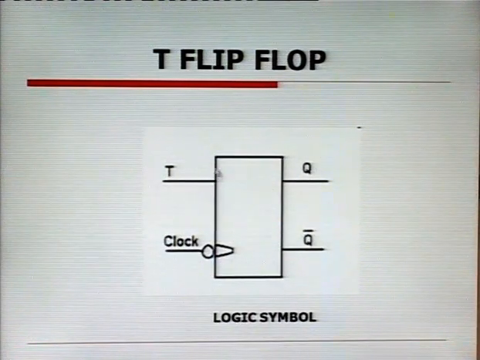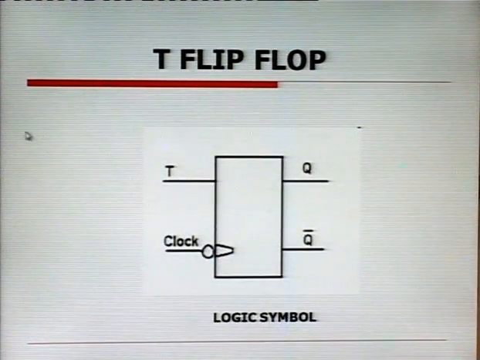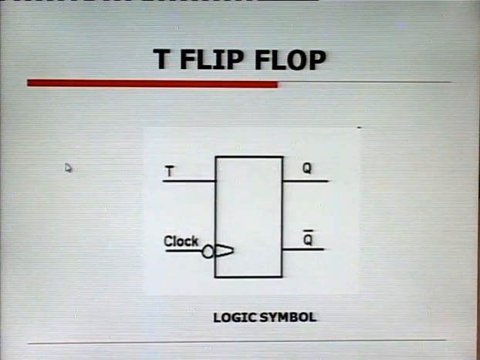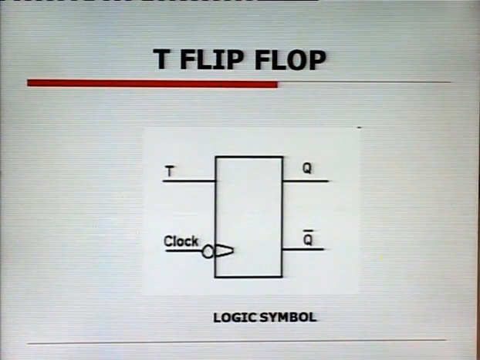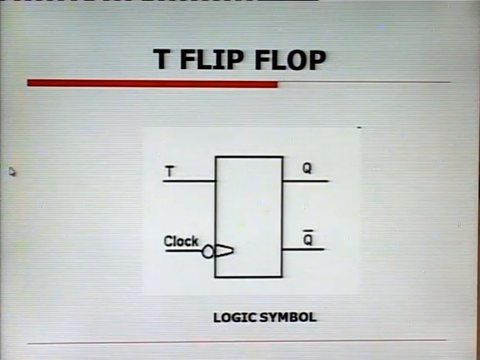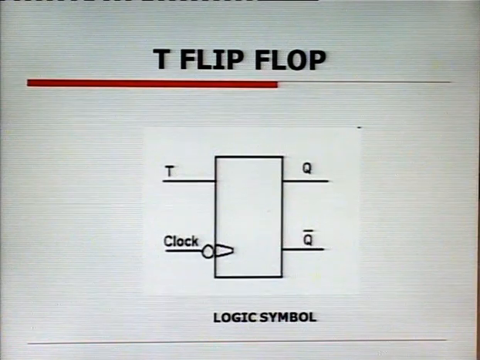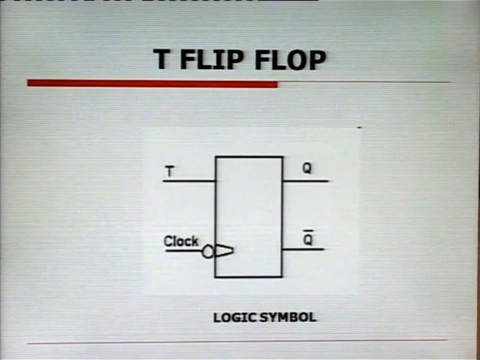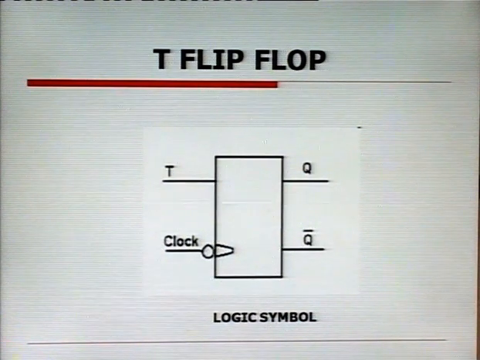Now we have a very important flip flop, like we converted the RS flip flop into the D flip flop. In applications like counters and timers, we always use a JK flip flop in the toggling mode. In toggling mode, both J and K inputs are kept high, or at logic 1.